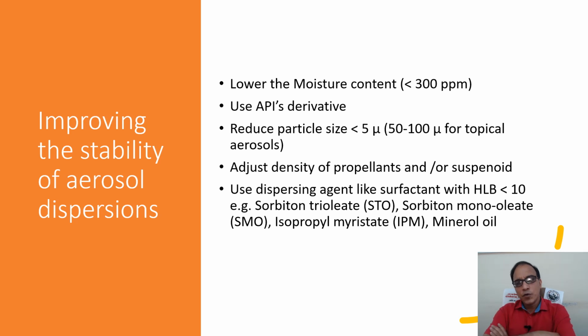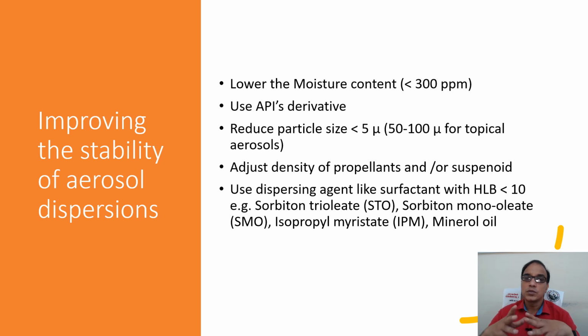Now, improving the stability of aerosol systems. What can we do to improve the stability of an aerosol system? First, we have to lower the moisture content of the preparation below 300 ppm.